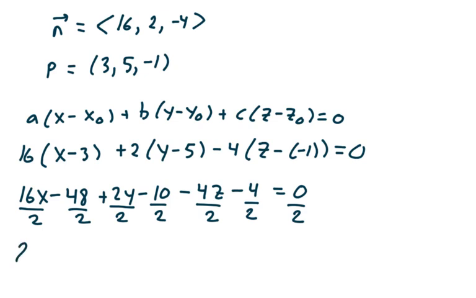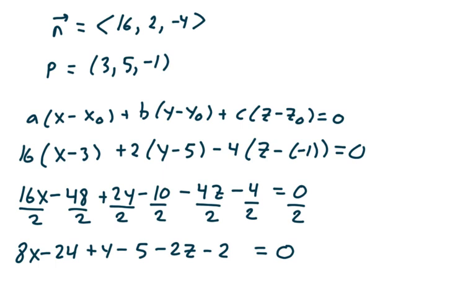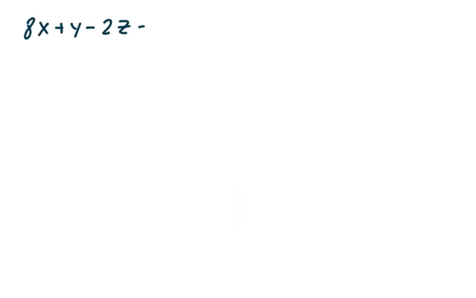And when I do that, I get 8x minus 24 plus y minus 5 minus 2z minus 2 equals 0. And then from here, I get 8x plus y minus 2z, right? And then negative 24 minus 5 is negative 29. Negative 29 minus 2 is minus 31. So I get minus 31 equals 0.